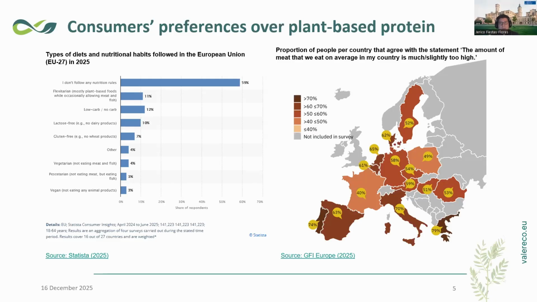And this is also thanks to more guidelines showing that the average European consumer is eating way more than the recommended amount of kilograms per year. So people are also getting more aware of these necessary changes in our dietary patterns. And this is where plant-based protein can offer a solution, a nutritious and sustainable way to nourish ourselves.